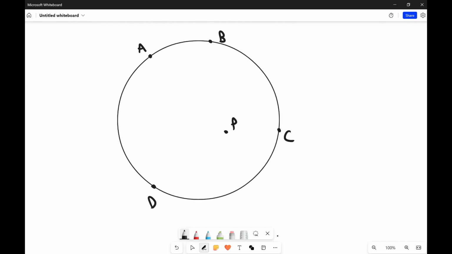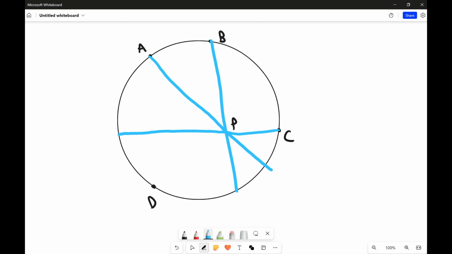There's one last fact that we're going to present in this video. And that is, if you have points A, B, C, and D on the circle here, and you have a point P here, let's go ahead and draw in the lines AP, BP, CP, and DP.